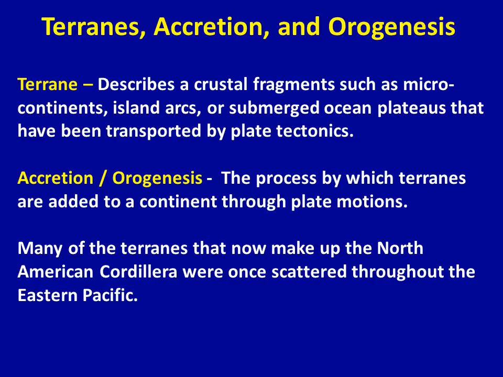Many of the terranes that now make up the North American mountains, the ones in the western United States and in western Canada, Alaska, and Mexico, many pieces of this large and long mountain range, the Rocky Mountains, of course, is a major part of that, were once scattered microcontinents and island arcs throughout the eastern Pacific that were moved eastward by the Pacific Plate or its predecessors and then pasted onto North America. So this is one way that continents grow.